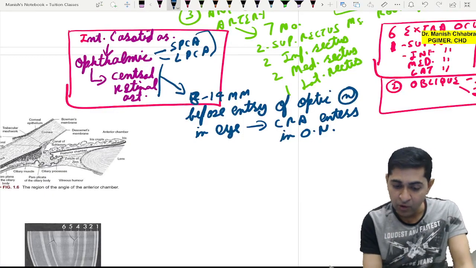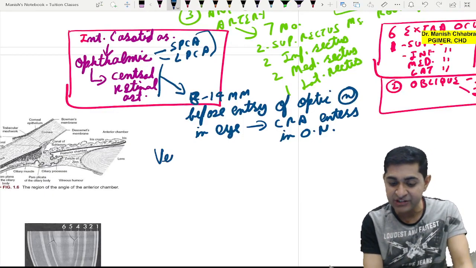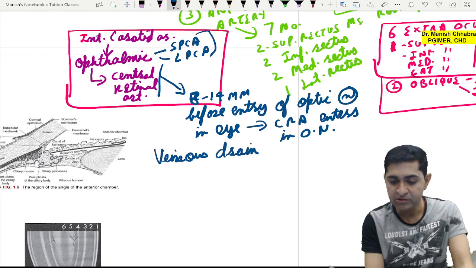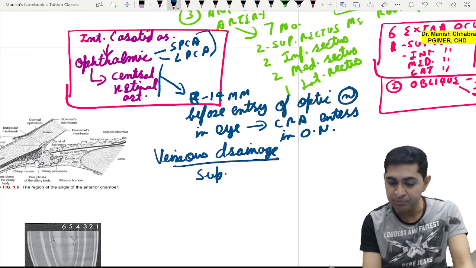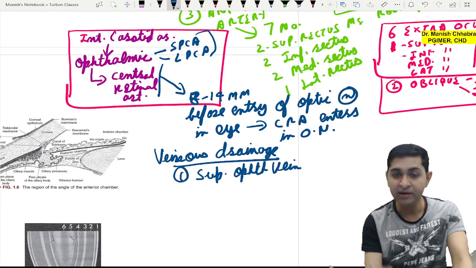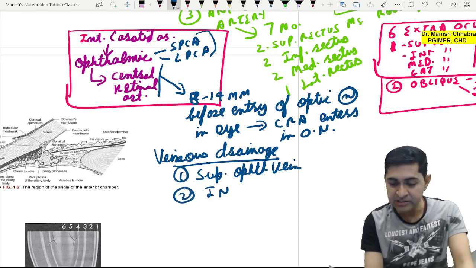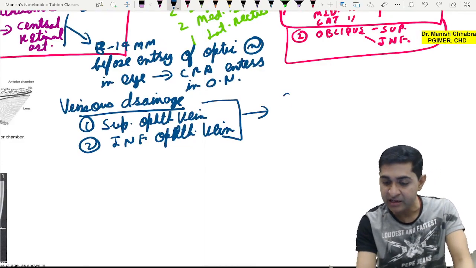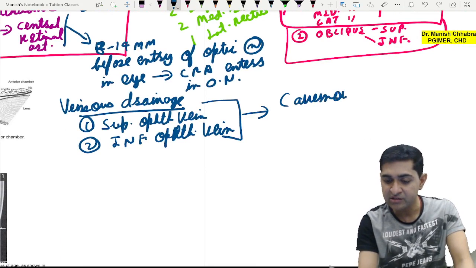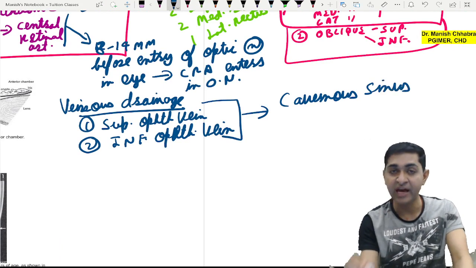Okay, now if we talk about venous drainage, there is your superior ophthalmic vein, one. Second, there is the inferior ophthalmic vein, 2. And ultimately these veins drain into the cavernous sinus. Clear?